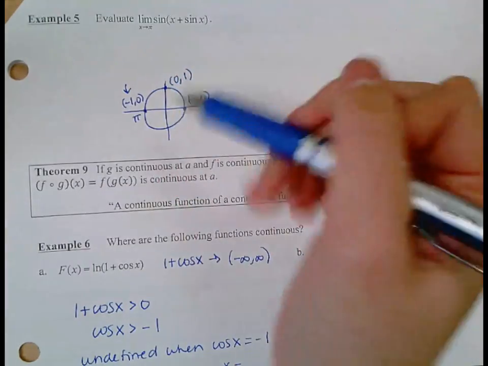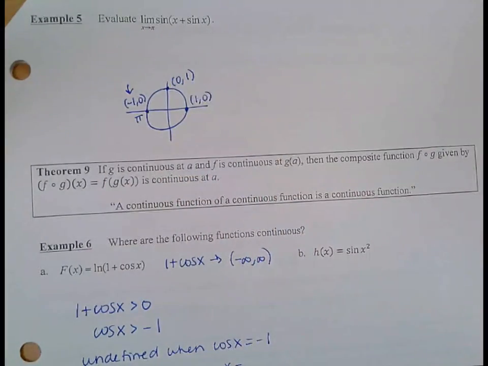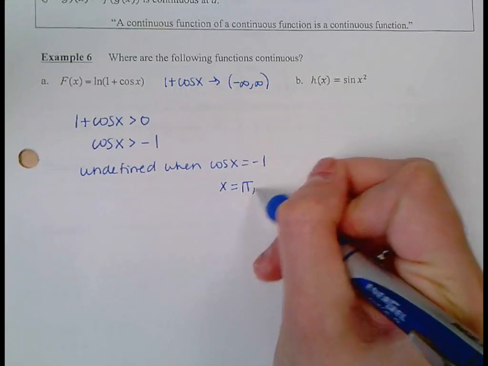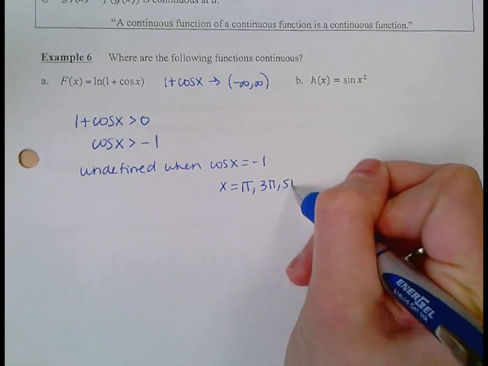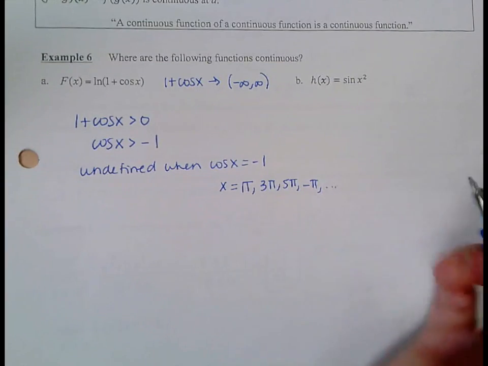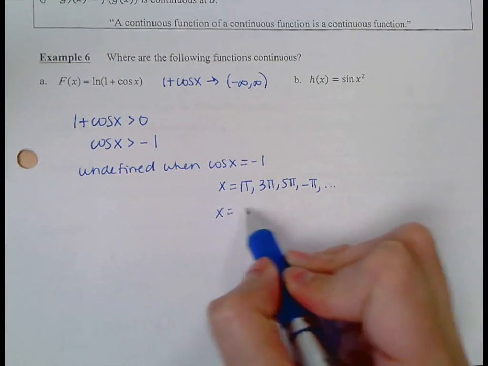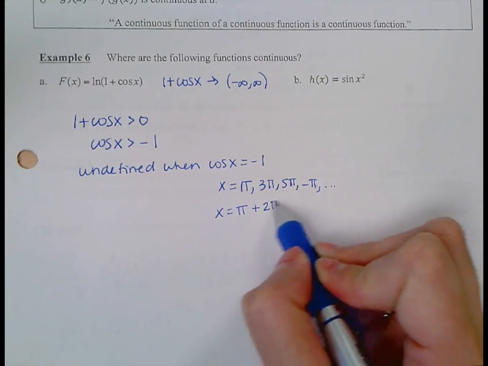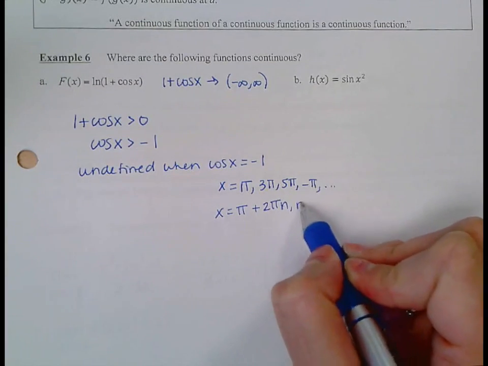And that's pi or every multiple of 2 pi after that. So this would be when x is pi, or 3 pi, or 5 pi, or I could even go backwards, -pi, and so on. So I could write that as pi plus 2 pi n, where n is an integer.